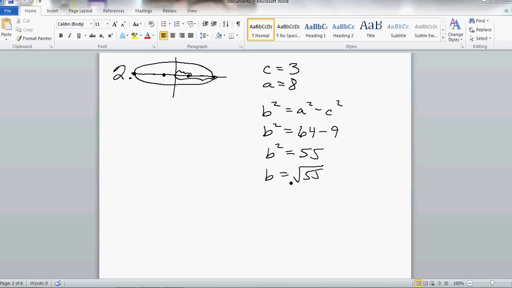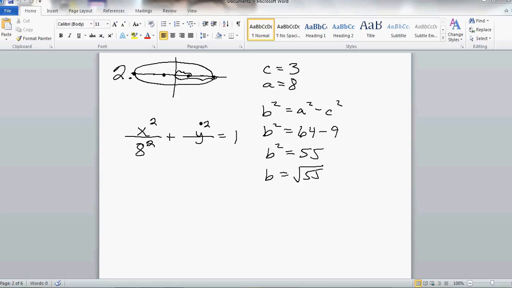So now we are asked to find the equation of this ellipse. Well, the equation of an ellipse always looks like this, equals 1. Since the major axis is on x, that goes here, so it's going to be x squared over something, y squared over something. The major axis is a, so that would be 8 squared.